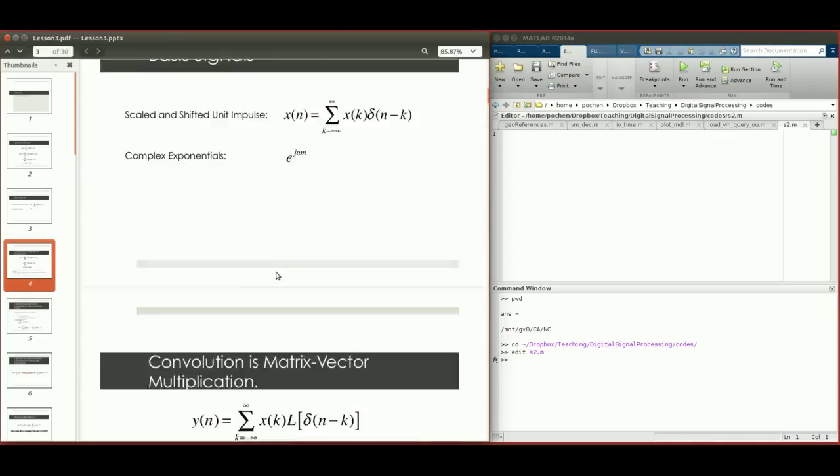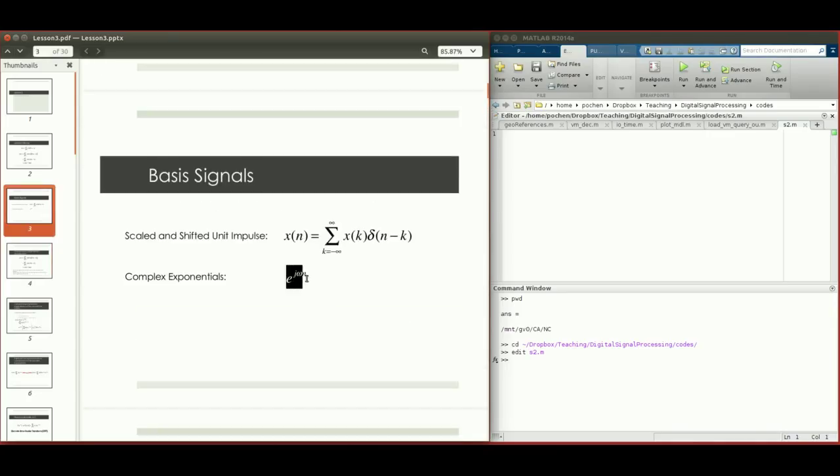But before we do this kind of decomposition of an arbitrary signal into complex exponentials, let's try to understand why people use complex exponentials as a basis signal. What's the benefit of using this kind of signal as a basis signal?